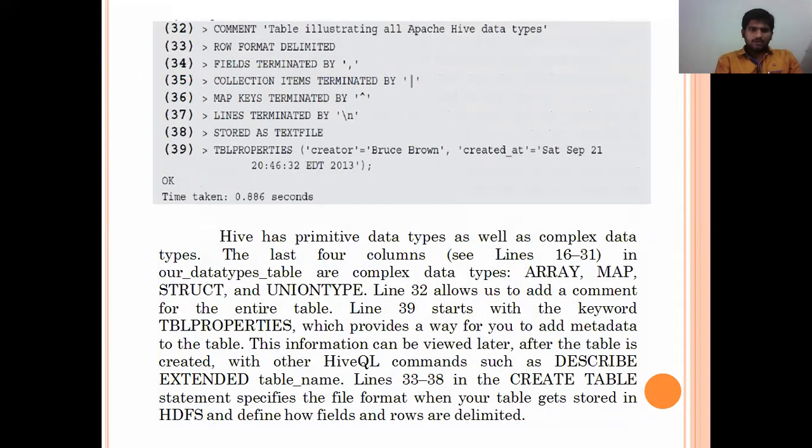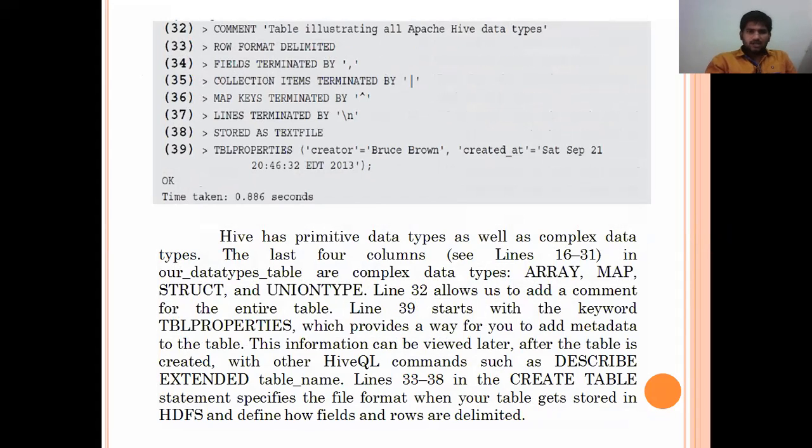So Hive has primitive data types as well as complex data types. The previous ones, tiny int, small int, boolean, all those things are one type of homogeneous data types, and where we have struct and union are the complex data types.